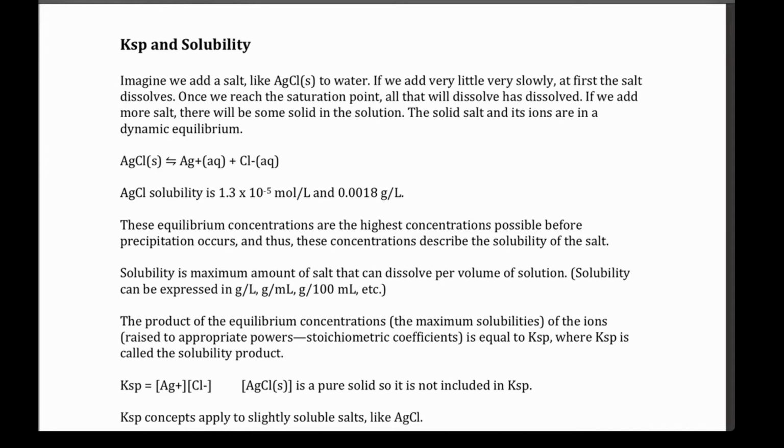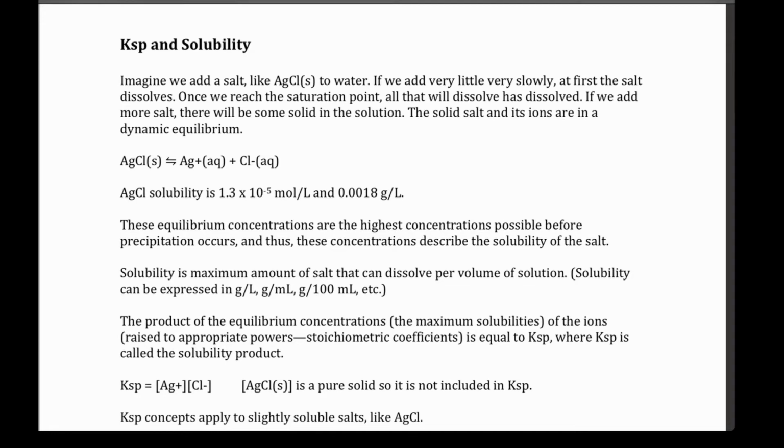If we add more salt, there will be some solid in the bottom of the solution. The solid salt and its ions are in a dynamic equilibrium. Actually, the solid is dissolving and the ions are coming together to give solid, so it's a dynamic equilibrium, but they are in equilibrium.